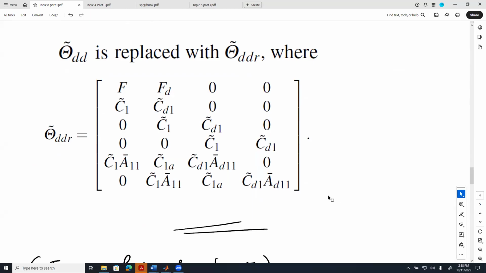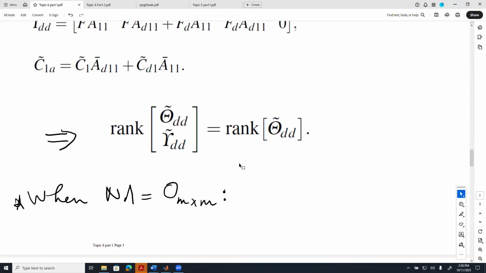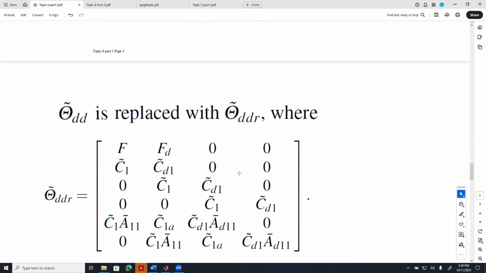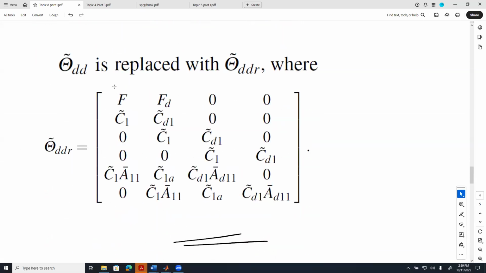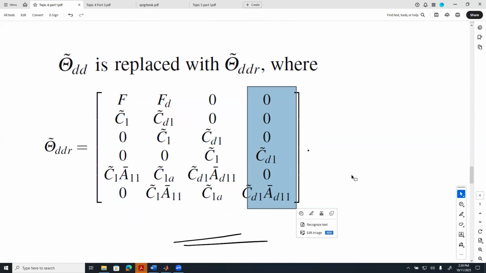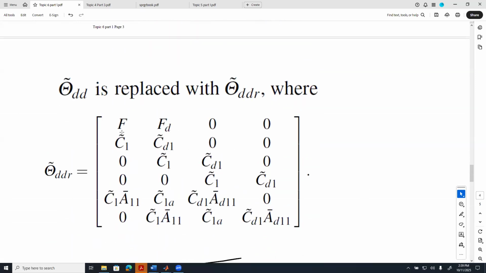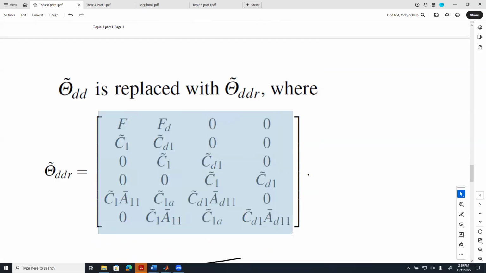So when we have this situation, what it tells us is that the condition is more conservative, because we have more columns than before. And of course, there is every chance that this matrix here is a row matrix.